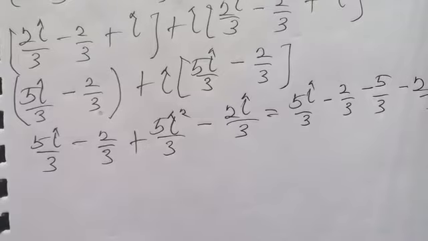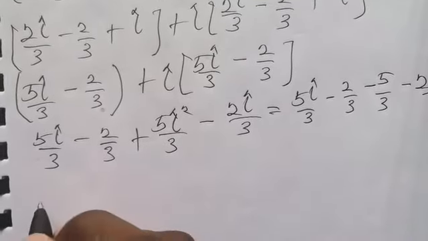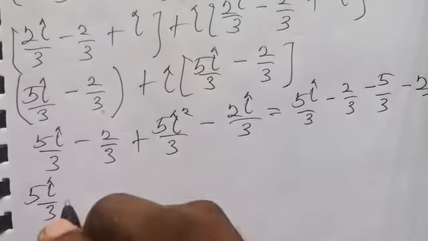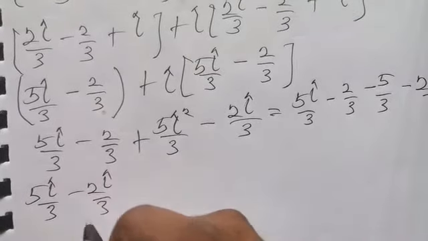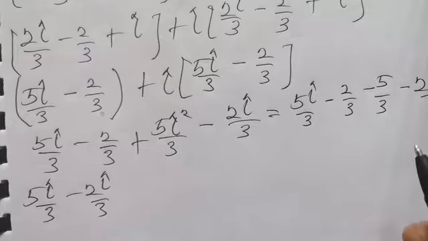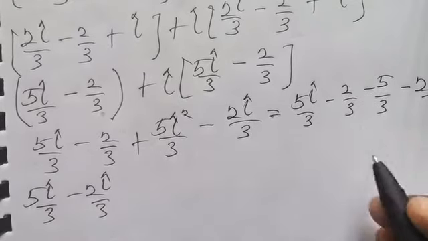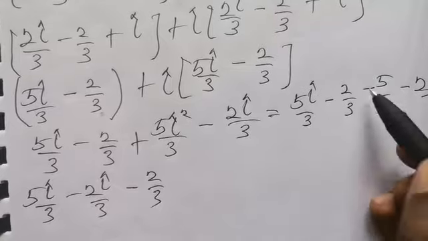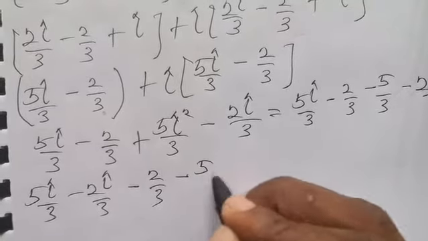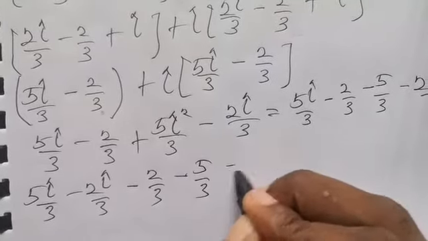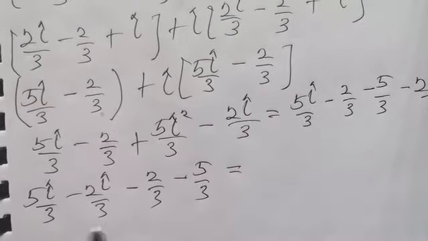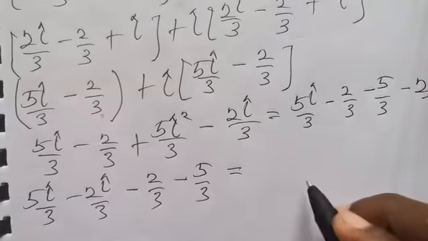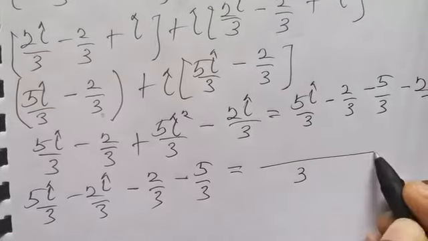So let's bring the imaginary parts together. We have 5i/3 and minus 2i/3. Then bring the real parts together: minus 2/3 and minus 5/3. Of course, the LCM of all of them is 3, so we can simply take the LCM of all.